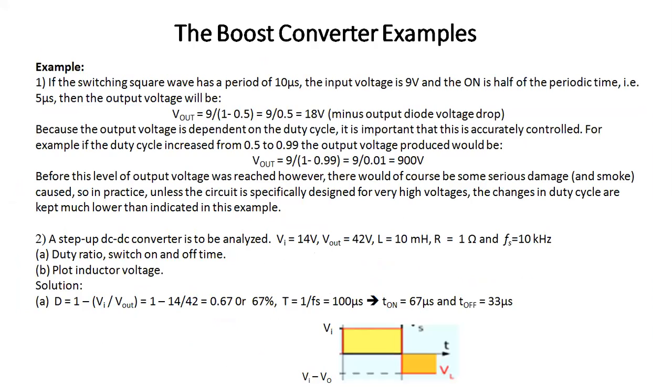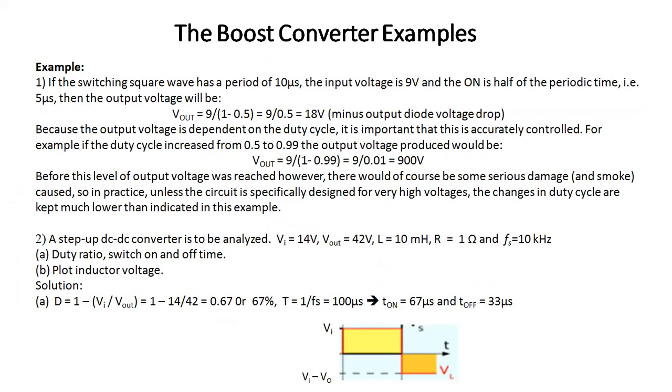So here is another example. If the switching square wave has a period of 10 microseconds, the input voltage is 9 volt and the on time is half the periodic time, that is 5 microsecond. It means the time they have given.